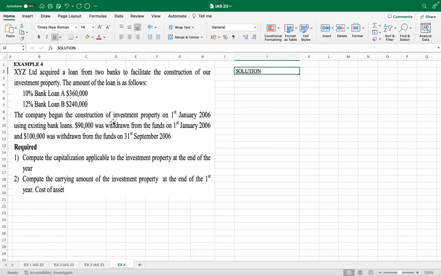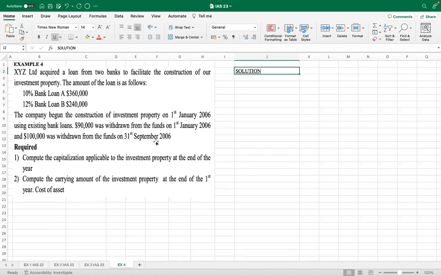The company began the construction of investment property on 1st January 2006 using existing bank loans. 90,000 was withdrawn from the funds on 1st January 2006. And 100,000 was withdrawn from the funds on 31st September 2006.